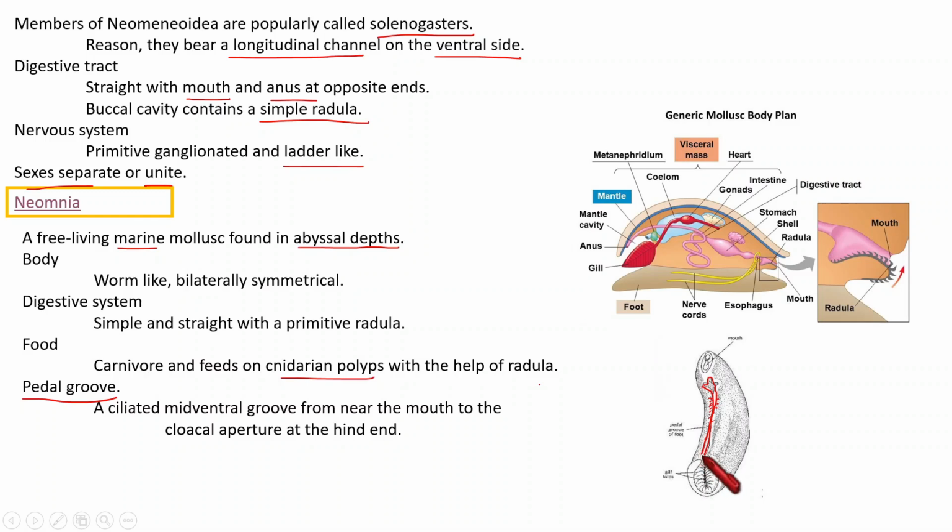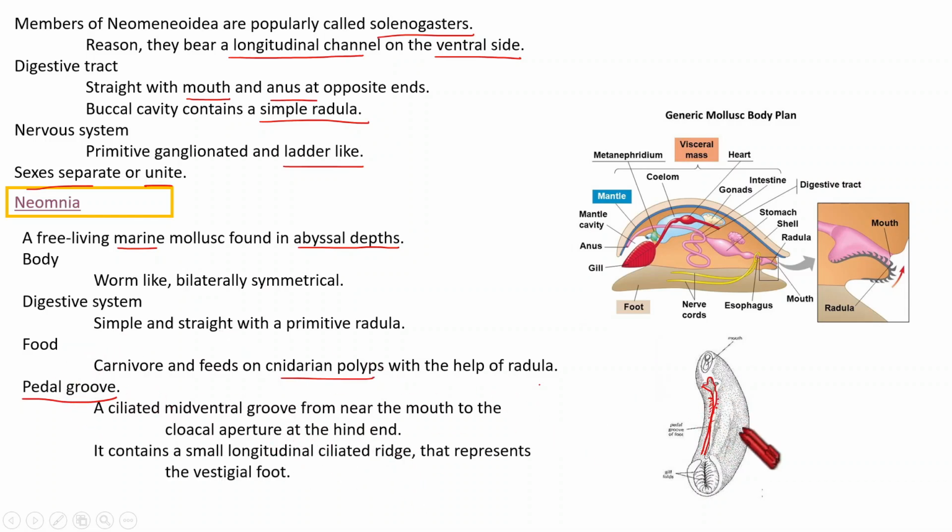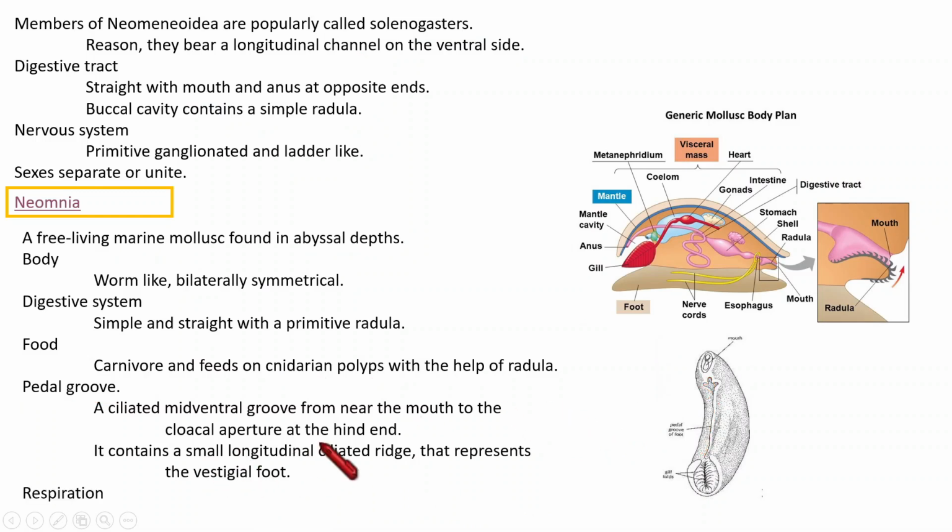The pedal groove extends and contains a ciliated ridge. Ridge means a bump-like area, and that ridge represents the vestigial foot. Vestigial foot means the foot is present, but it's not that functional. Then respiration is through the general body surface.